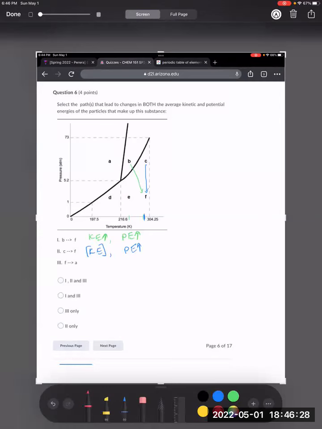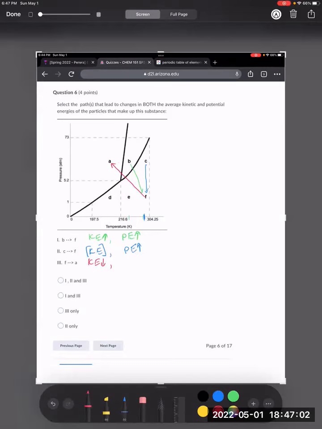Let's pick a different color. Let's pick red. F to A is this, right? First of all, you're decreasing the temperature. That means kinetic energy decreases. And then you are going from gas to solid. In the gas, we have the particles far apart from each other, weakest interactions, higher potential energy. And then in the solid, we have the particles closest to each other, which means strongest interactions, so strongest intermolecular forces, the lowest potential energy.